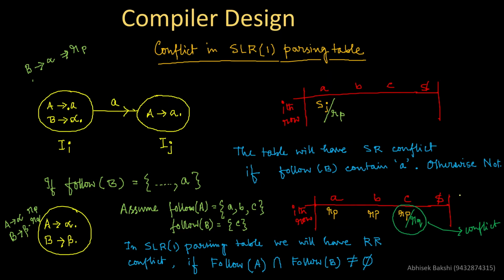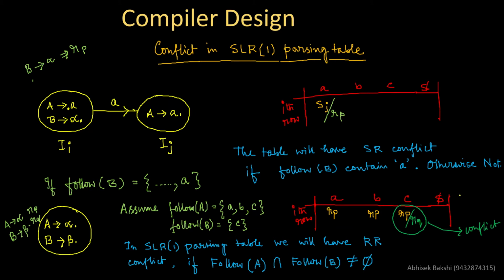I mean, in the same state, I will have a final item along with a shift move. If that is present in any state, definitely for that state, the corresponding row that we will draw in the table, there will be a possibility of a conflict.